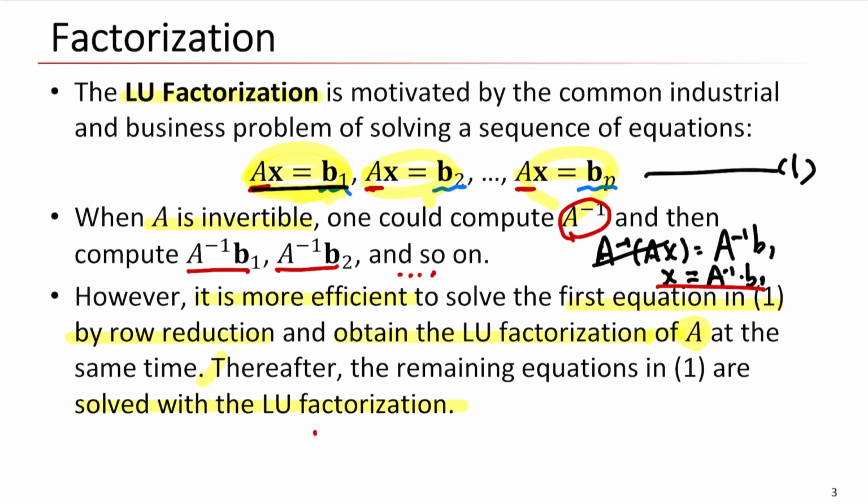So in other words, if we can decompose this matrix A into L times U, then we can more efficiently solve this sequence of equations by using L and U. So that's why we study LU factorization. From now on, let's find out what it is.